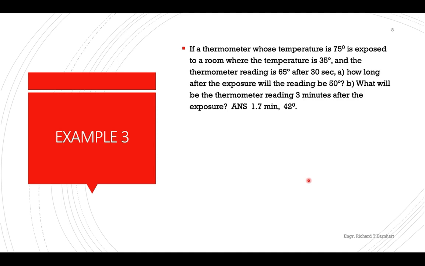Let's take this example. If a thermometer at 75 degrees is exposed to a room where the temperature is 35, and the thermometer reading is 65 degrees after 30 seconds or 0.5 minute, how long after the exposure will the reading be 50 degrees? What will be the thermometer reading 3 minutes after the exposure?